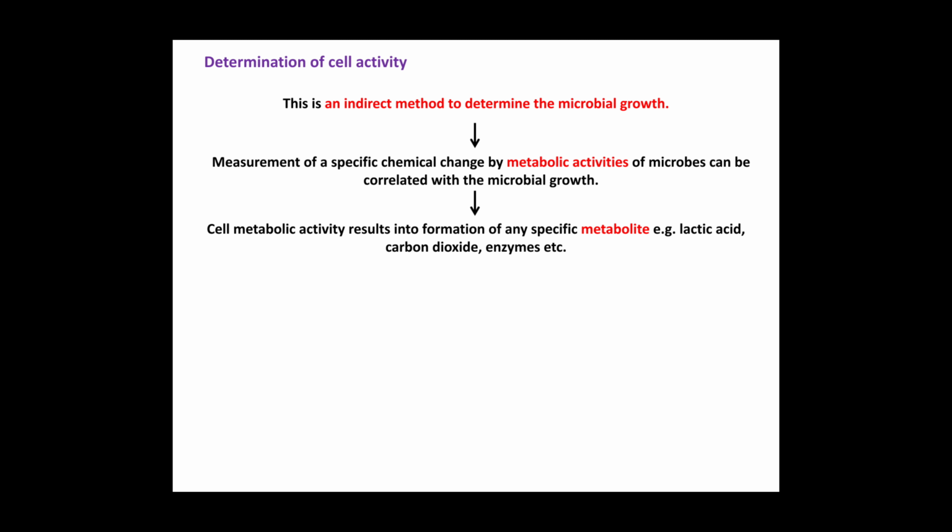In this method, we have to measure these products, which is the principle of measurement of cell activity. And by using this product range, we can calculate the cell activity.